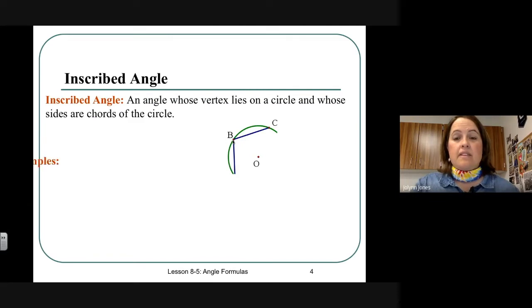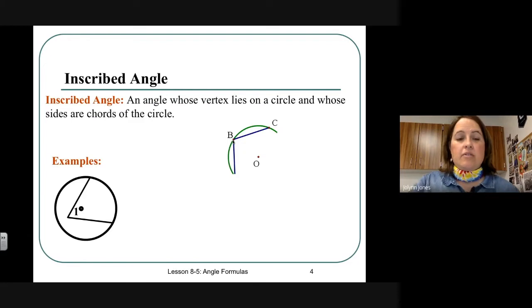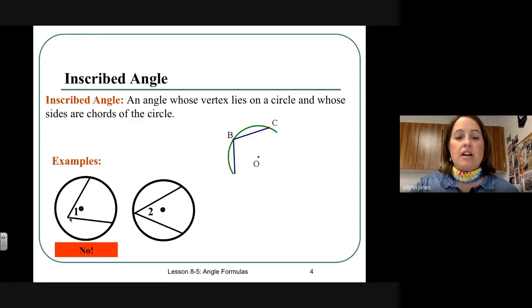All right, so here are some examples. On this one, we've got angle 1, and that is inside the circle, but no, that is not going to be an inscribed angle. Our second angle, angle 2, its vertex is on the circle. So yes, that is going to be an inscribed angle.